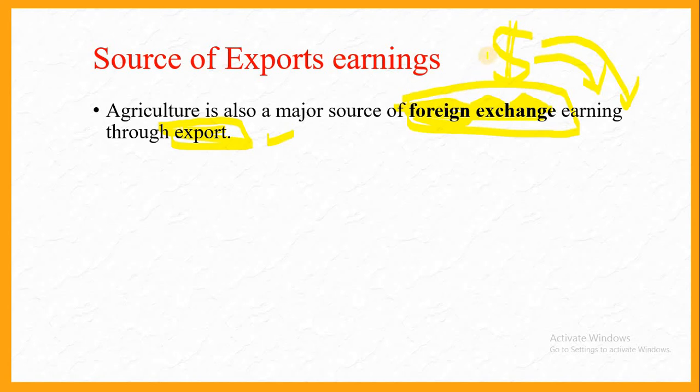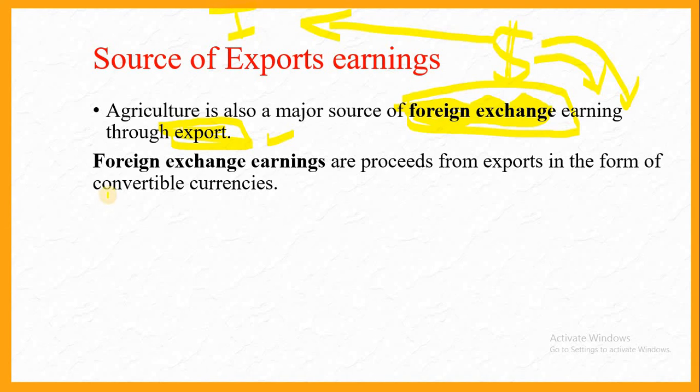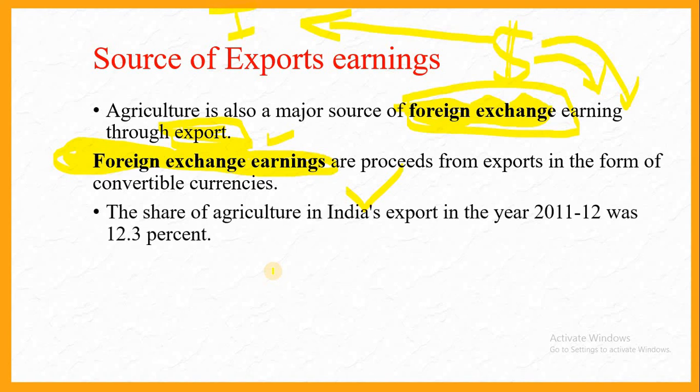When we are importing mobile phones, we need to pay in dollars. So therefore the government provides these foreign exchange services, etc. So don't worry about it. We'll study later. But right now you should know that foreign exchange earnings mean dollars, pounds, different foreign currencies, or money which is convertible into various monetary currencies. So India earns these foreign exchange currencies because of agriculture.